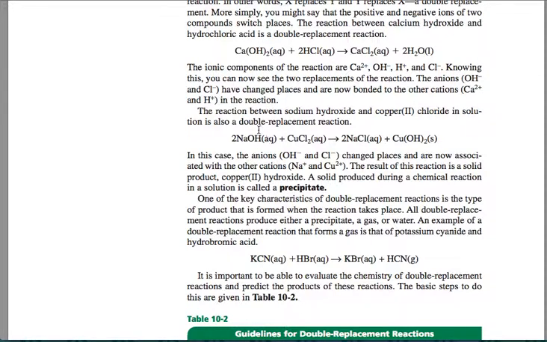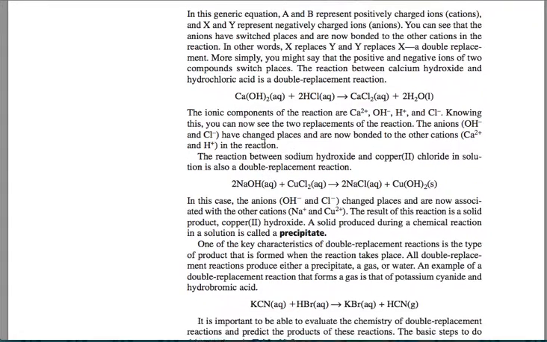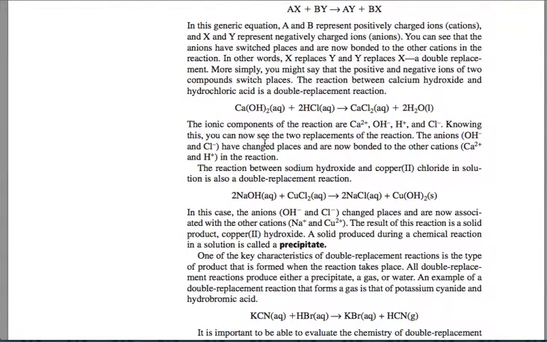And that is because their negative ions, the anions, are moved to match the opposite cations, right? So you see the OH is with the sodium here, but the OH moves to the copper, okay?